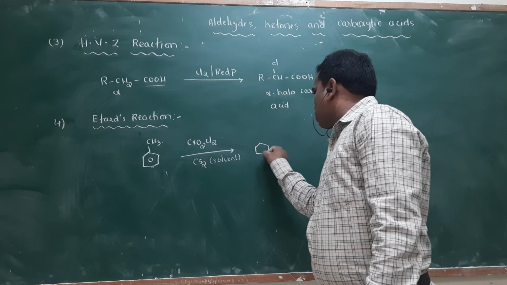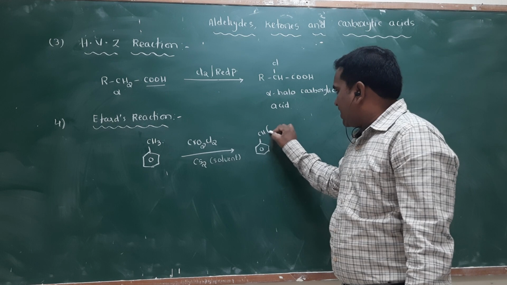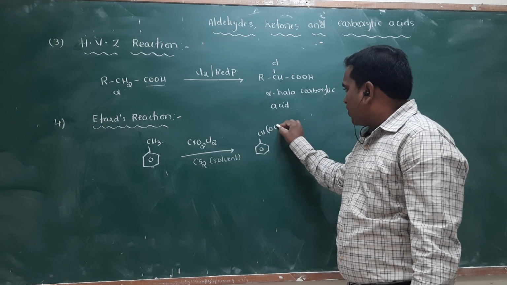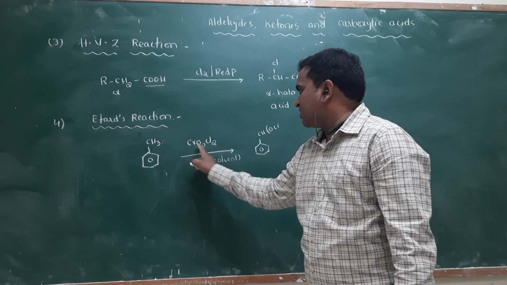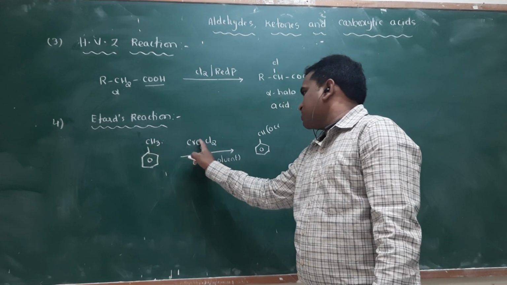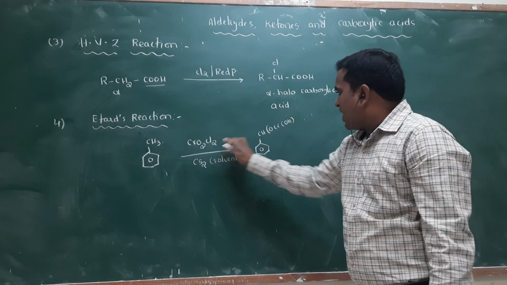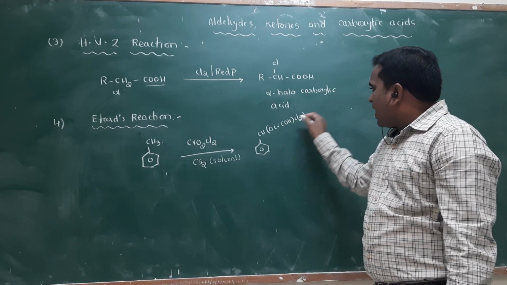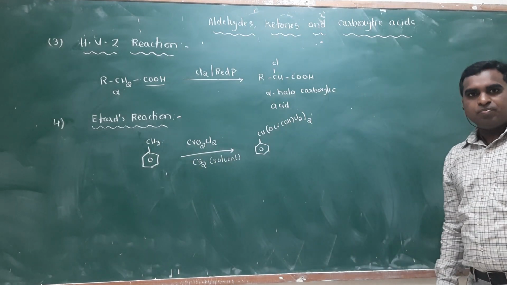One chromium complex you will get. You know that this is Cr. One of the O is attached to carbon, another O is converted to OH because 2 hydrogens will come here. So that's why it becomes OH, and here there is Cl2 and 2 hydrogens are replaced, so that's why we have to write it this way.